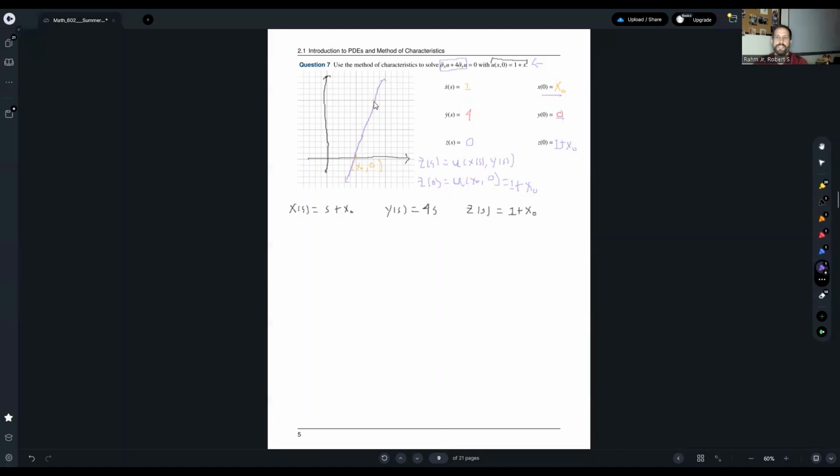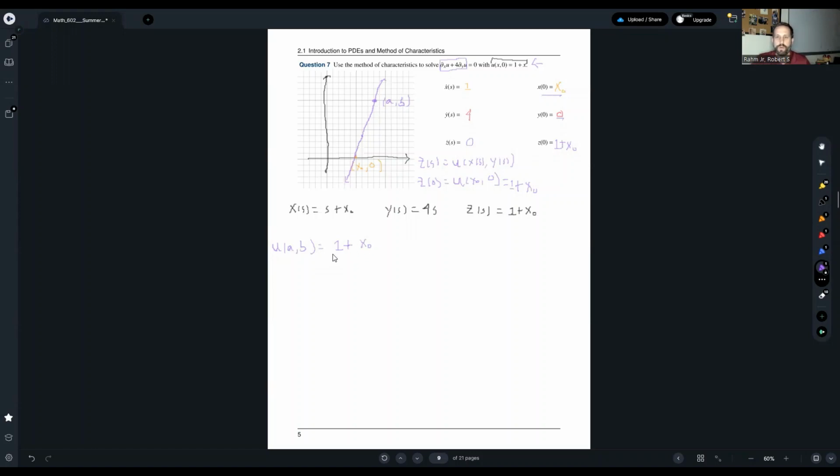So let me take just a generic point. This is going to be (a, b), a generic point in the plane. What this says is that u evaluated at this point (a, b), if I want to know what that is, I just sort of trace this characteristic back to the x-axis, and it's going to be 1 plus x naught for whatever value this x naught is. So u of (a, b) is going to be equal to 1 plus x naught.